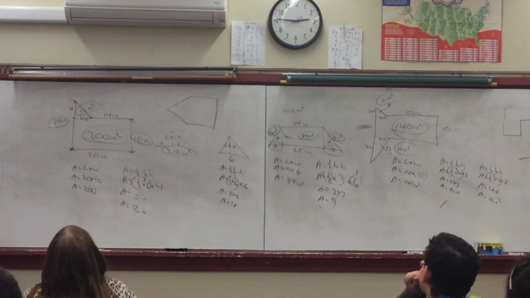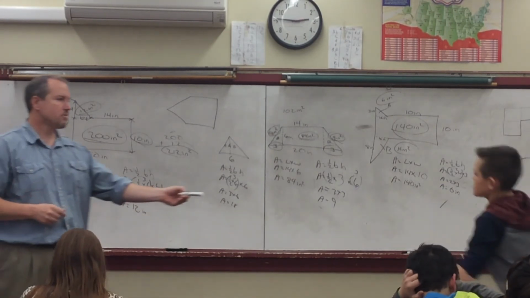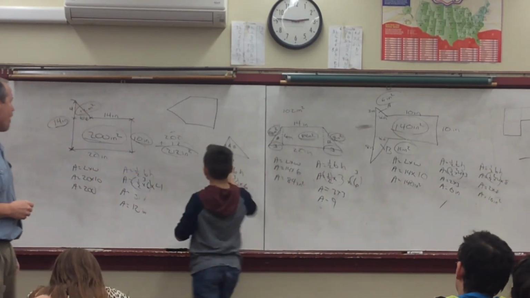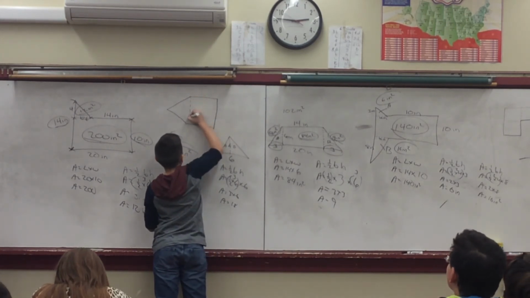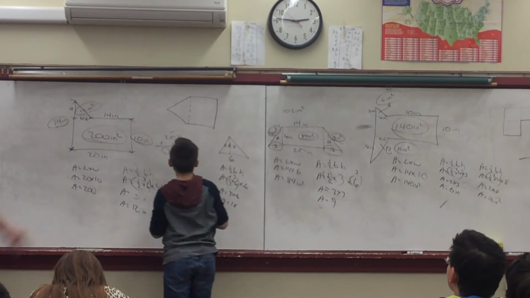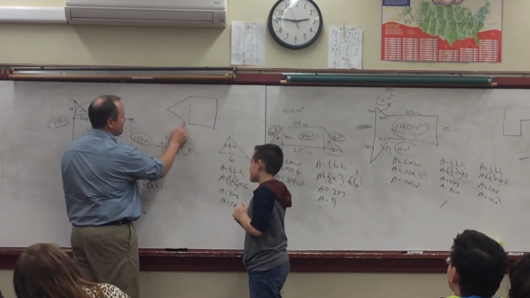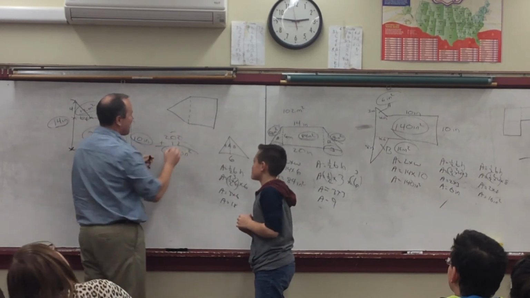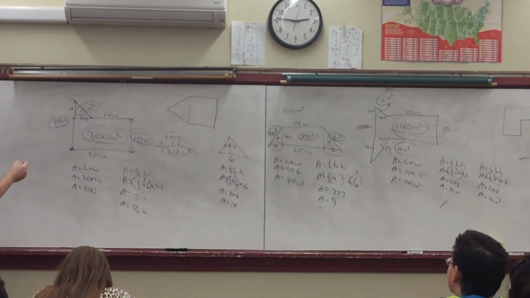How would you do that? Trying to find the area of this. And obviously I didn't draw it very well, because that should come like that. Okay? What about this?